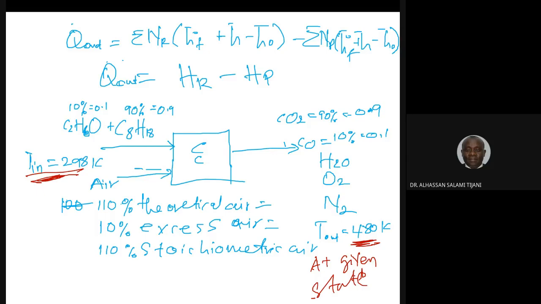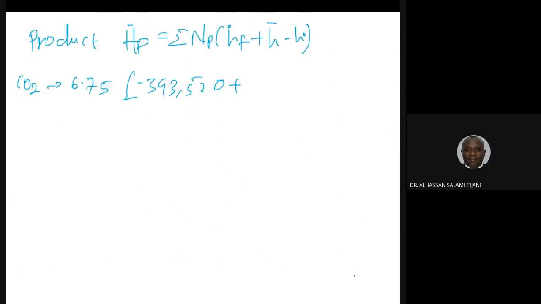So the enthalpy of formation for carbon dioxide is this, which is also in the property table. And the enthalpy at the given state means H bar for carbon dioxide at the given state. If you read carefully from the property table, this gives me 16,791.